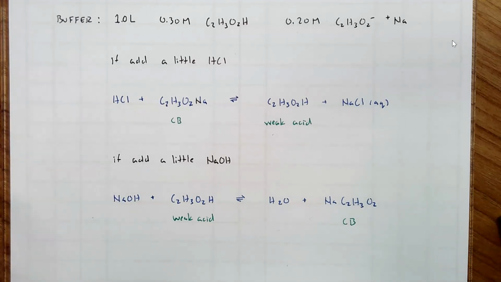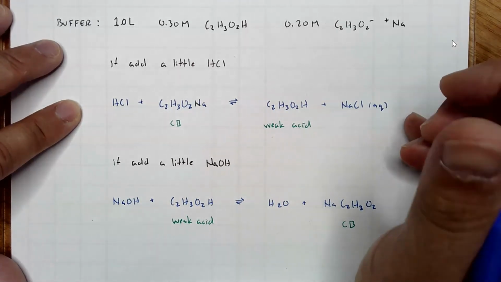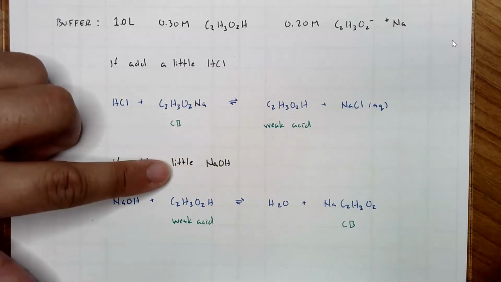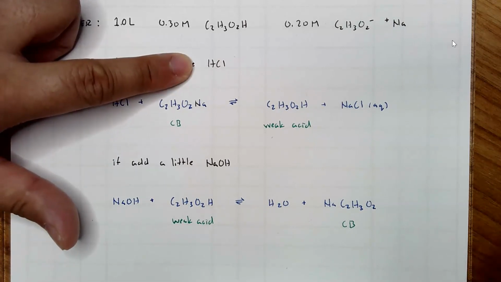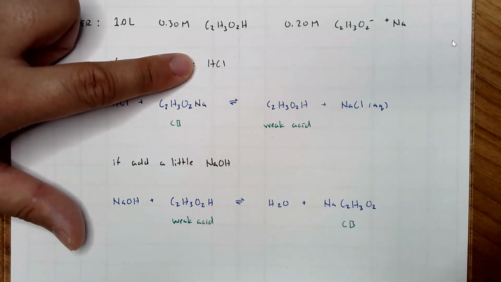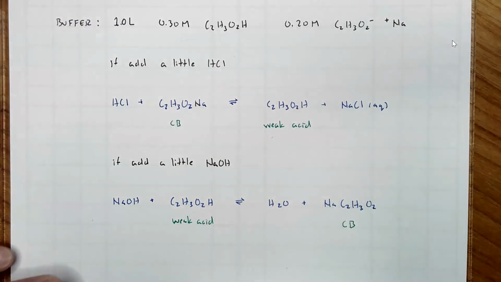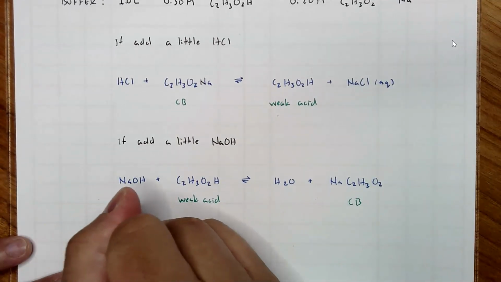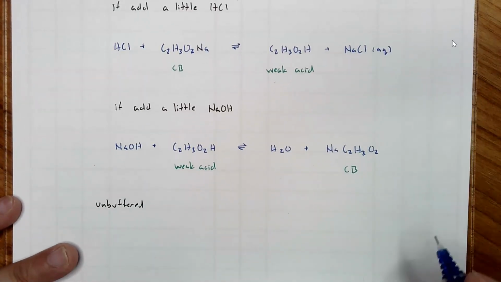Now, buffers aren't perfect, okay? It will become a little more acidic if you add HCl, and it will become a little more basic when you add NaOH. The idea is the pH won't drop as much as it would if this was pure water, right? If it was just water, if it's unbuffered, you have all the acid.